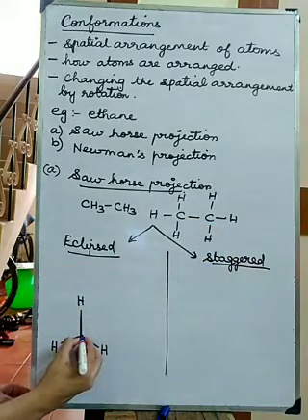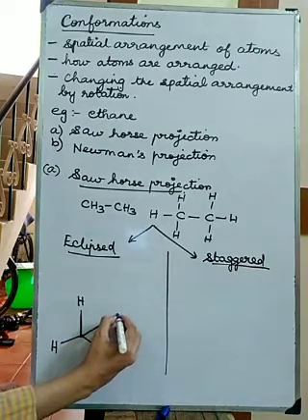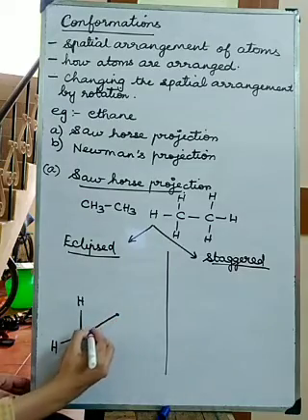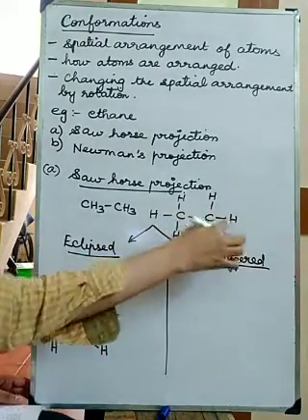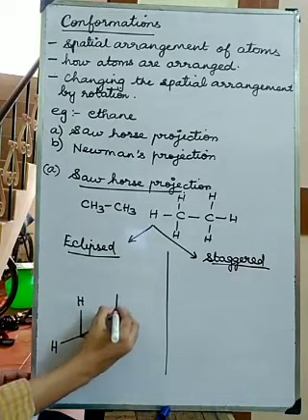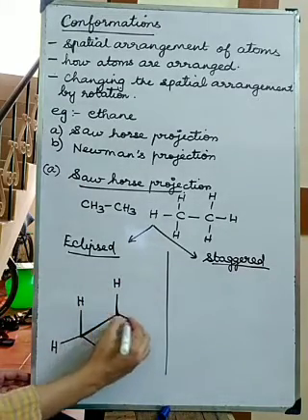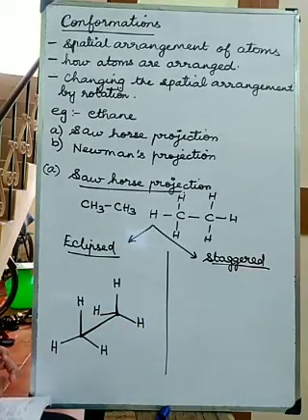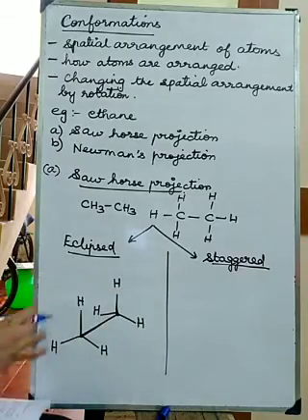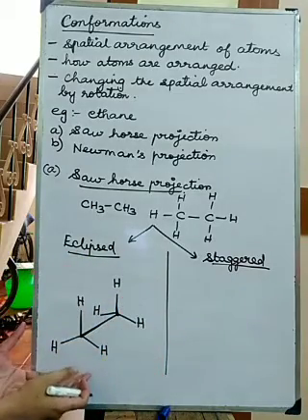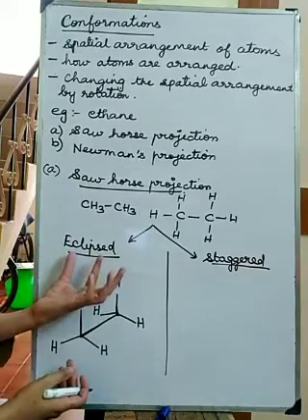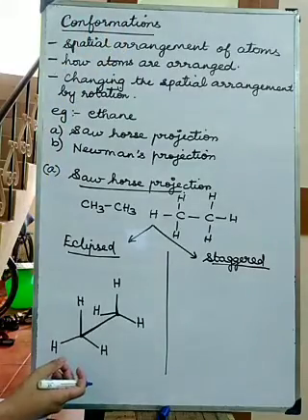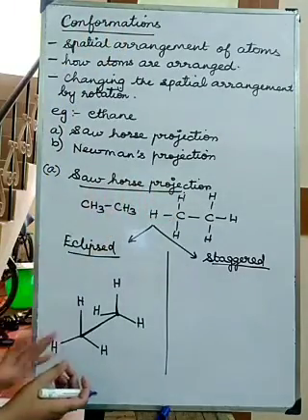This next carbon is having 3 hydrogens. So one hydrogen, second hydrogen and third hydrogen. If the arrangement is like this, it is called as eclipsed Sawhorse projection conformation.